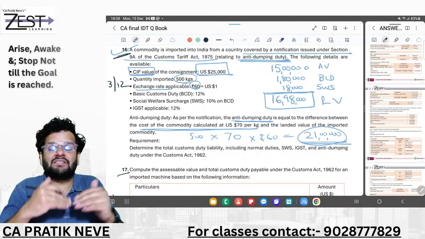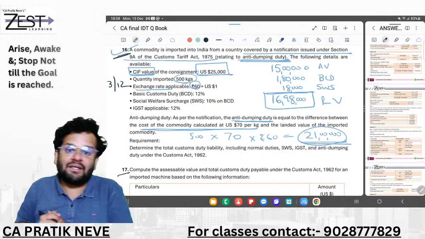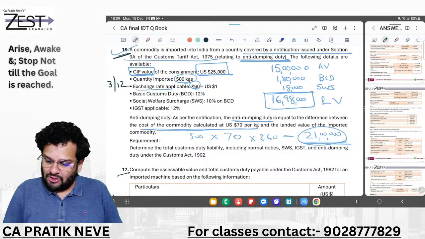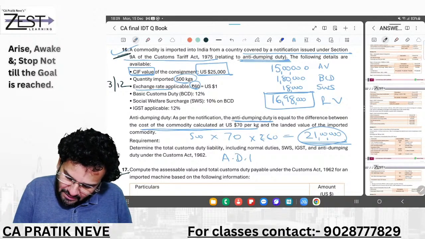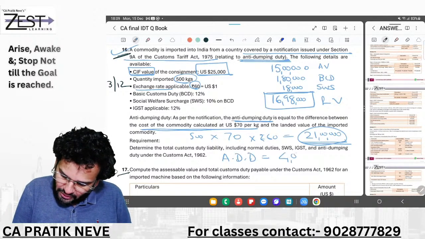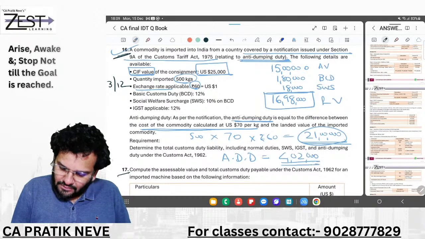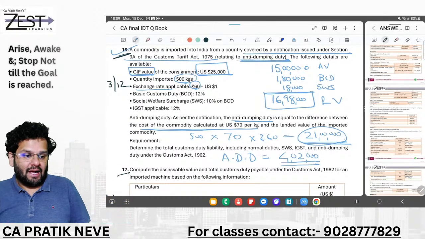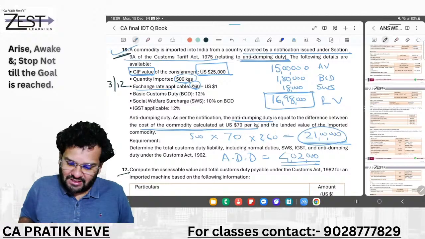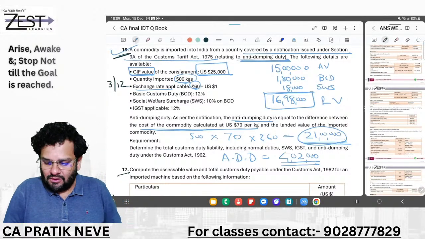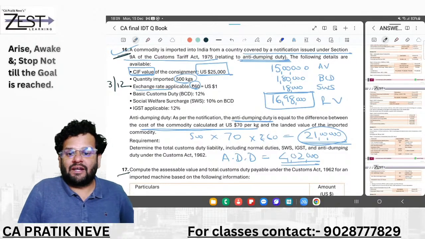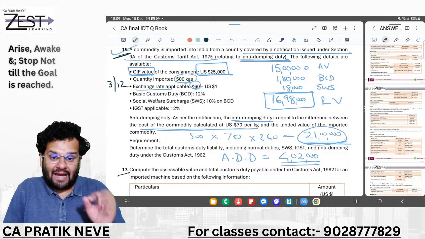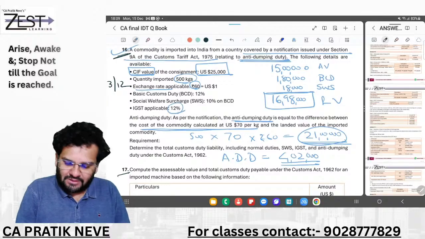Now the difference is nothing but anti-dumping duty. So 4,02,000 is your anti-dumping duty. Got it? That is how it is to be calculated. And if you want to calculate IGST, IGST will be on 16,98,000 plus 4,02,000, that is on 21 lakh at the given 12%.